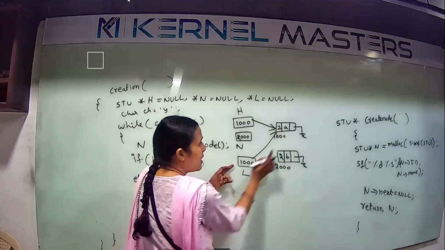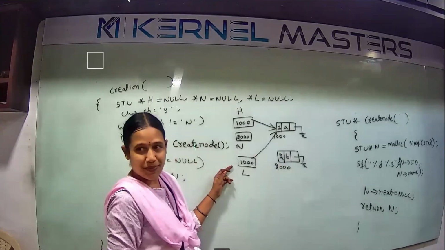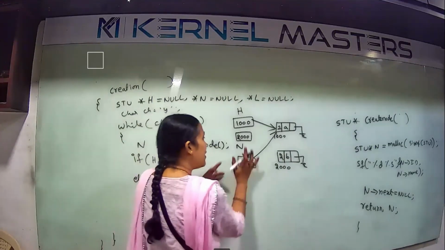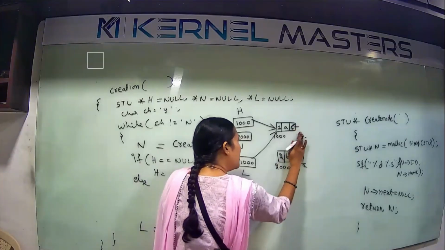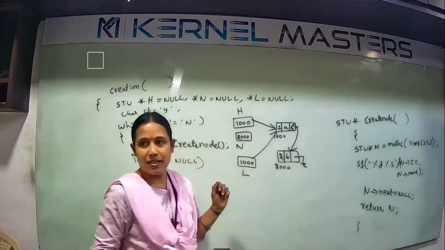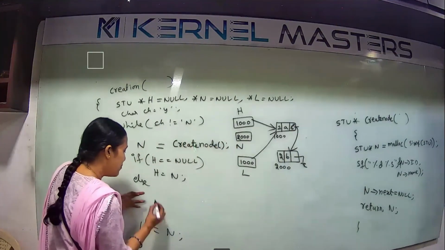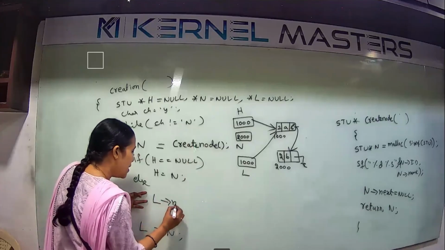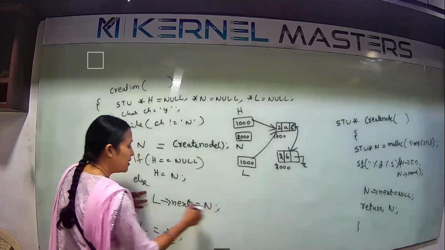So L next member is equal to N. Okay, means I am going to write 2000 here. So that this is now going to be linked like this. Okay, so what I am going to do in else, L next member is equal to N.